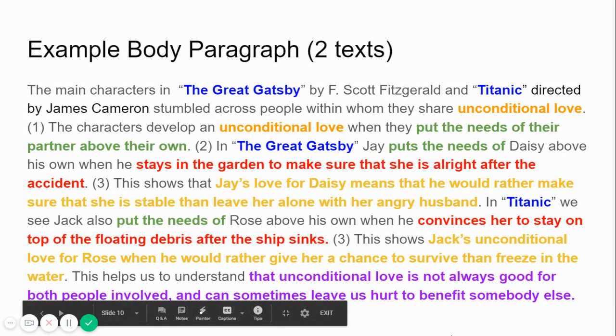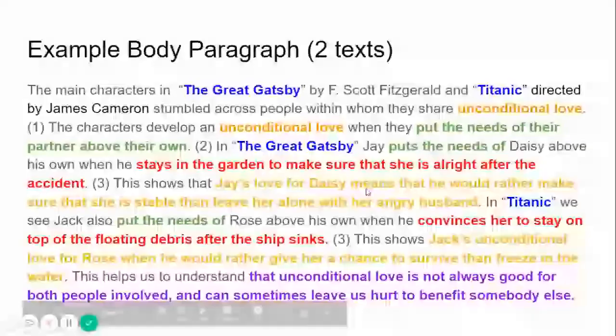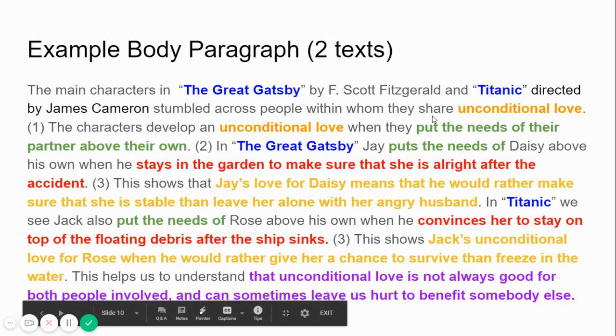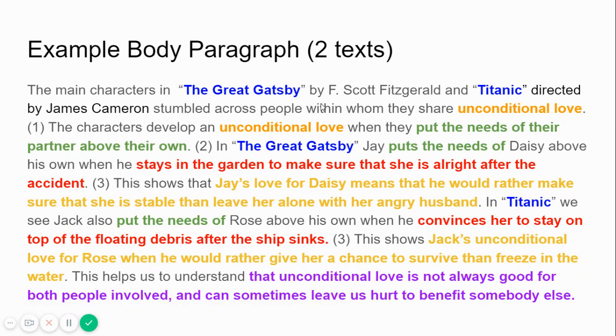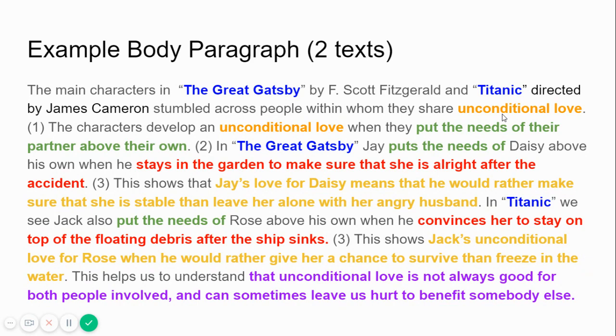So the main characters in The Great Gatsby by F. Scott Fitzgerald and Titanic, directed by James Cameron, stumbled across people with whom they share unconditional love. That's wrong there. That's not the right word choice. Apologies, team. So in that statement, we've got an identification of both texts and then the theme that connects them. So we've explicitly connected these two texts with our theme all in a single statement.